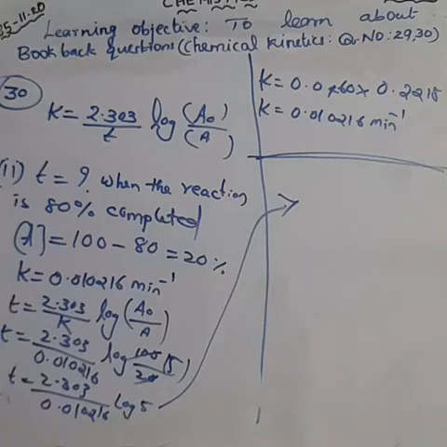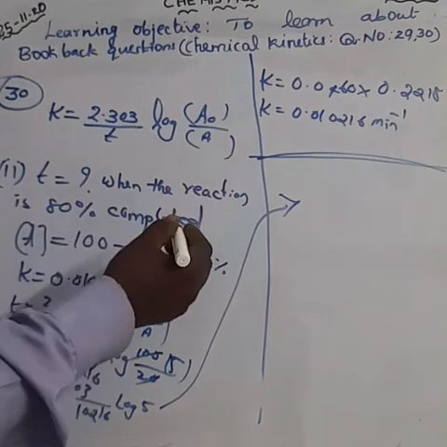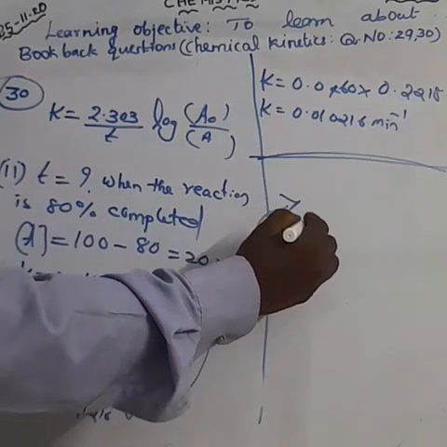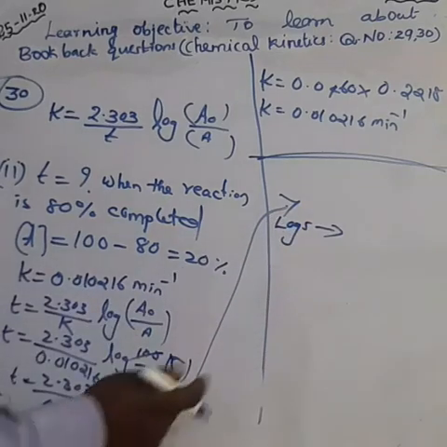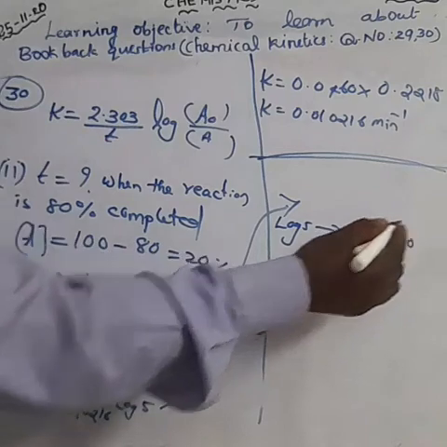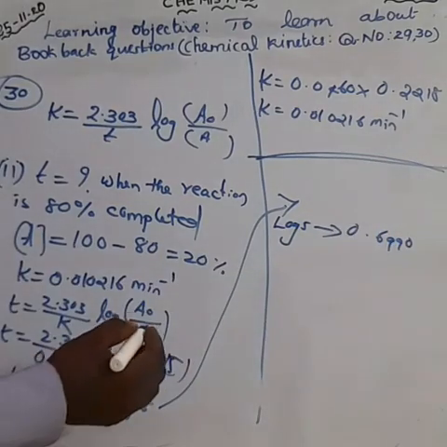Then we have to substitute here: log 5 is equal to 0.6990.